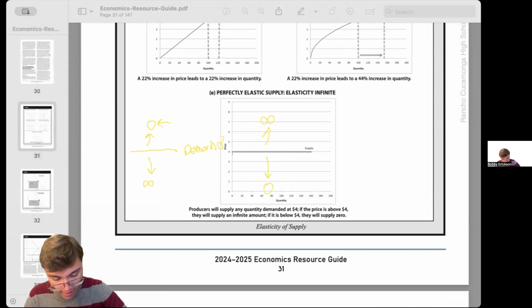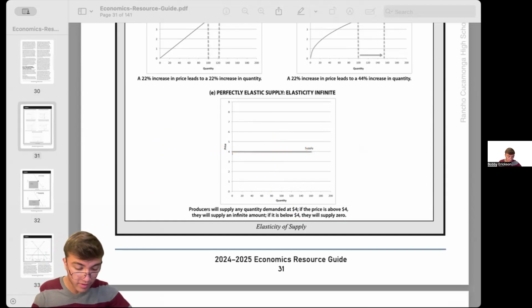Because if we have a price above, then nobody's going to want to pay for it. Versus if we have a price below, well, then everyone's going to want that. And then nobody's going to want to supply at a lower price than $4 when we can supply anything at $4. And then everyone's going to want to supply when there's a higher price. So there's this difference here.